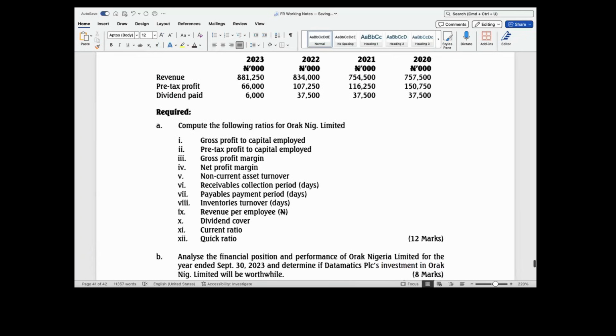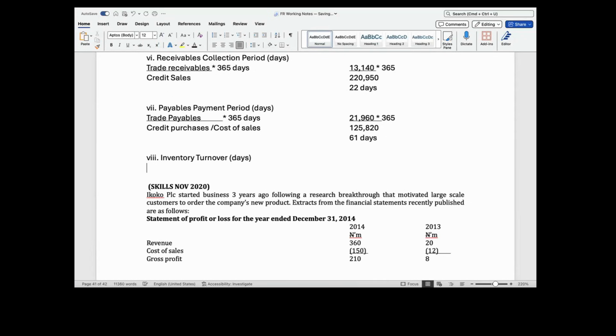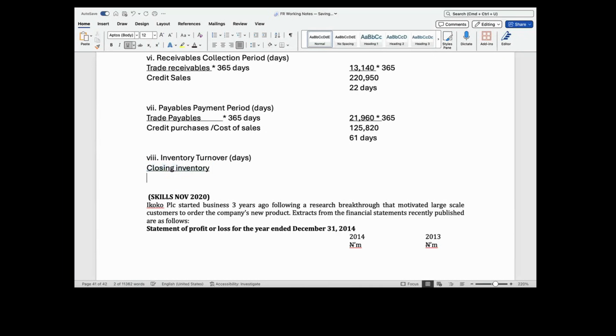Number 8, inventory turnover days, which is my closing inventory all over my cost of sales, times 365 days.